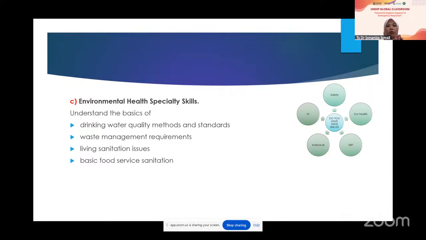So we don't want those people to be served food which is contaminated. We have proper waste management facilities for that, and many others. So that is in terms of environmental health. We need to know that as well.